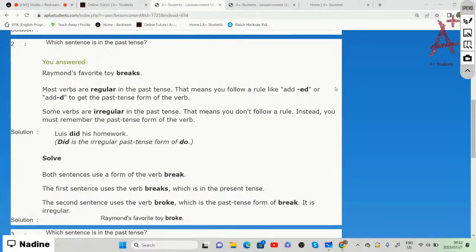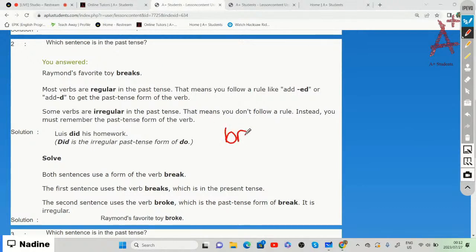Breaks shows the present tense, something that's happening now. And the irregular past tense form of the verb breaks is broke. So Raymond's favorite toy broke. Or we can say yesterday Raymond's favorite toy broke.